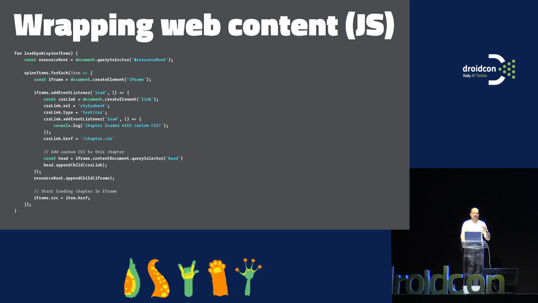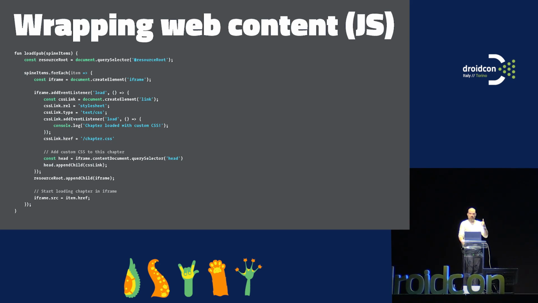The JavaScript, it's much more than this, but I'm going to cover the basics here. You start by fetching the element where we're going to load the iframes. And then we go through all the items that we have from our spine. So we have parsed the XML, we have parsed the information about the spine to the JavaScript side.